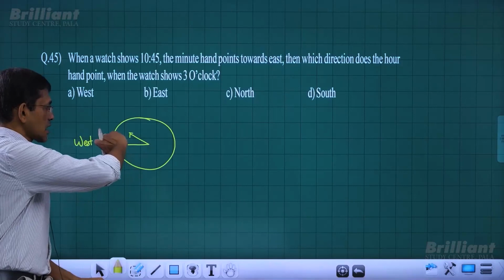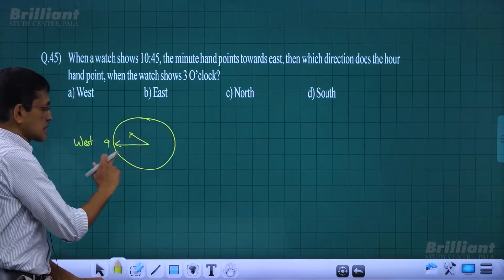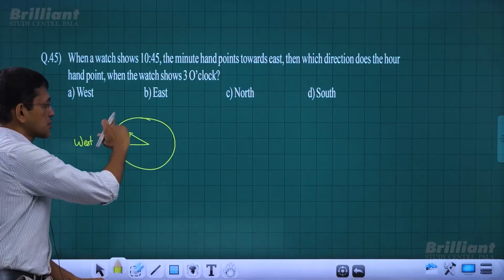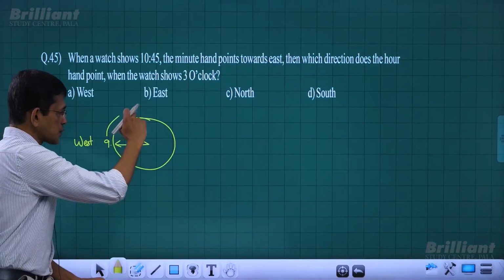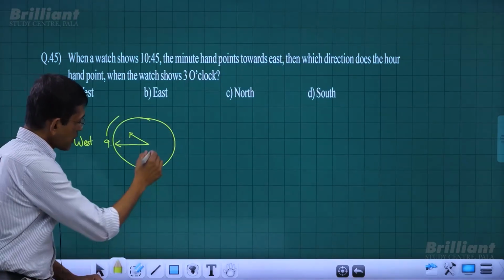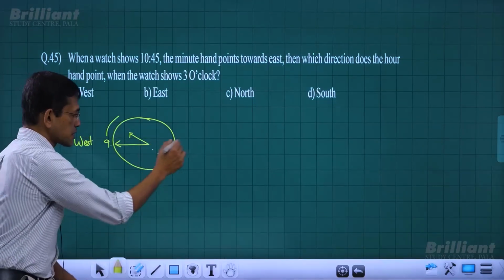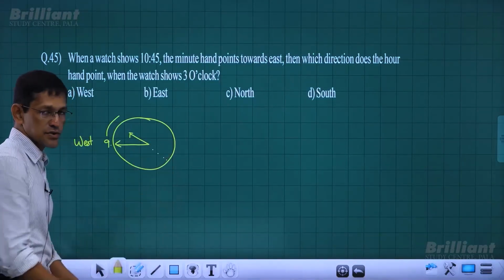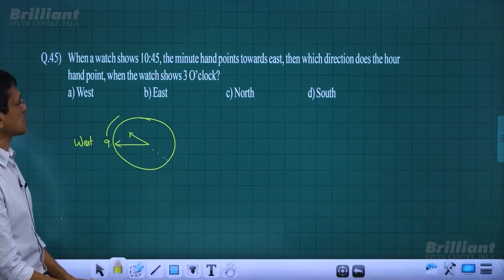If you rotate the clock clockwise this way, 180 degree rotation, the minute hand goes 180 degrees clockwise, and the hour hand goes 180 degrees clockwise as well. So the hour hand points towards this direction. The minute hand points towards east, our hour hand would be pointing towards this direction. What is that direction? Southeast, right? So southeast would be the direction.